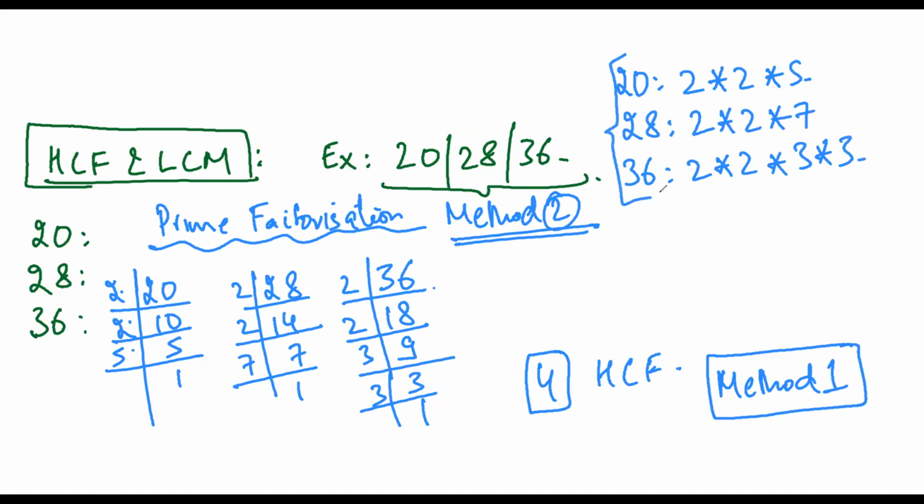Yes, sir. Now here, I'm writing a multiplication sign because 2 into 2 into 5 is 20, 2 into 2 into 7 is 28, and 2 into 2 into 3 into 3 is 36. When I follow this method, this is the common factor.